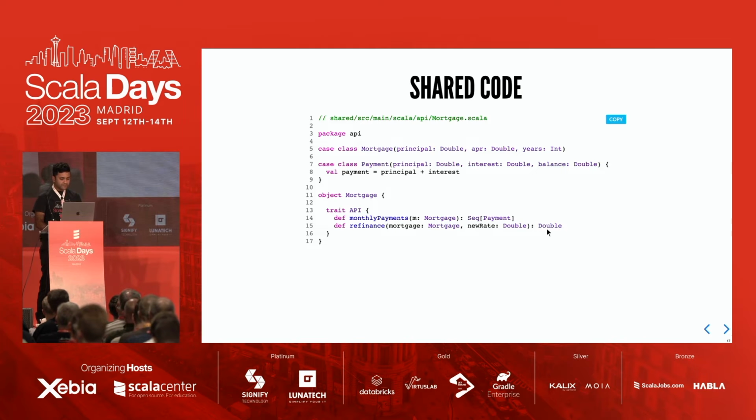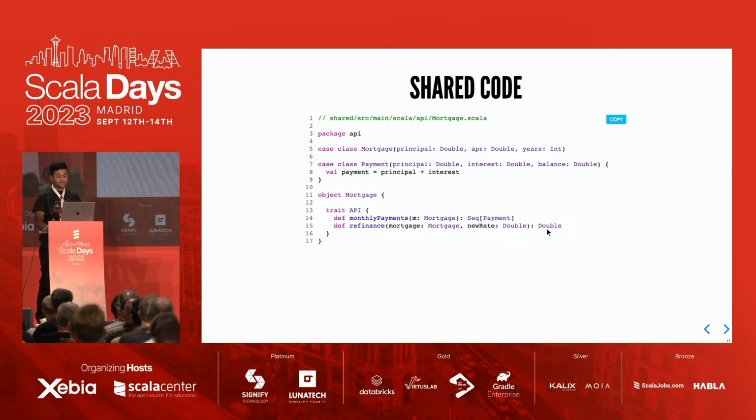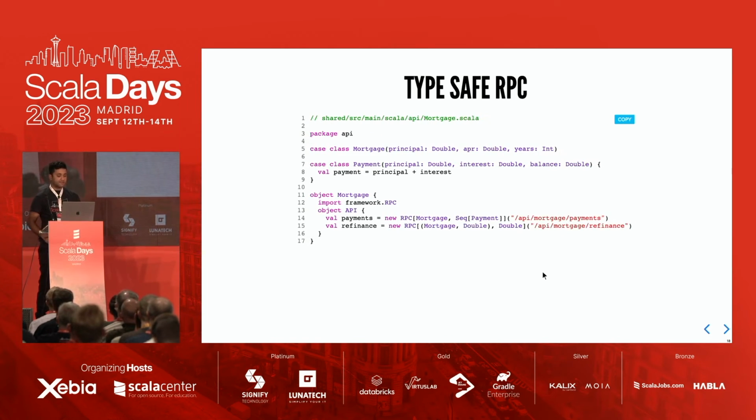Okay. But to make this work, I have to write it a little differently. Instead of this straight API, which is what a Scala programmer would expect to write, there's no way this will translate to an AJAX call. You have to write it like this. I'll go over this new RPC class. It's a neat way of defining APIs that are type safe.